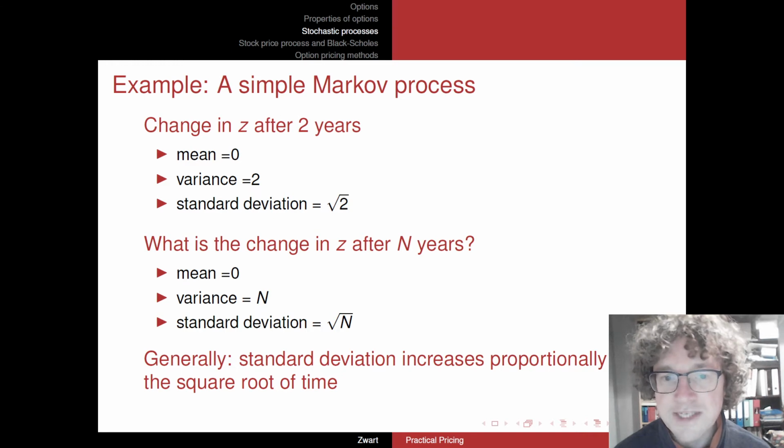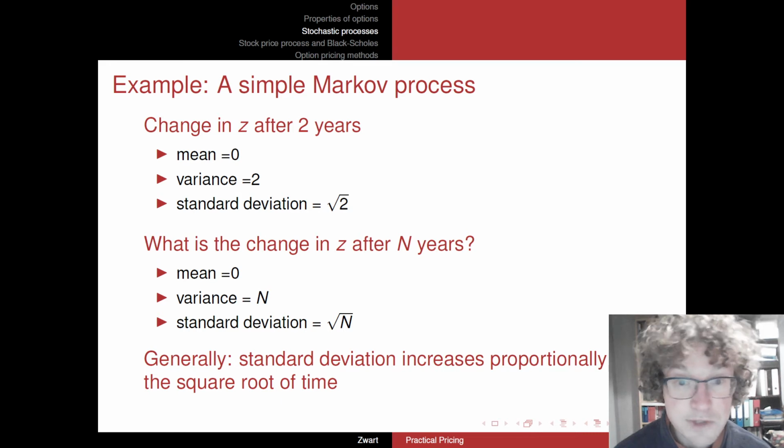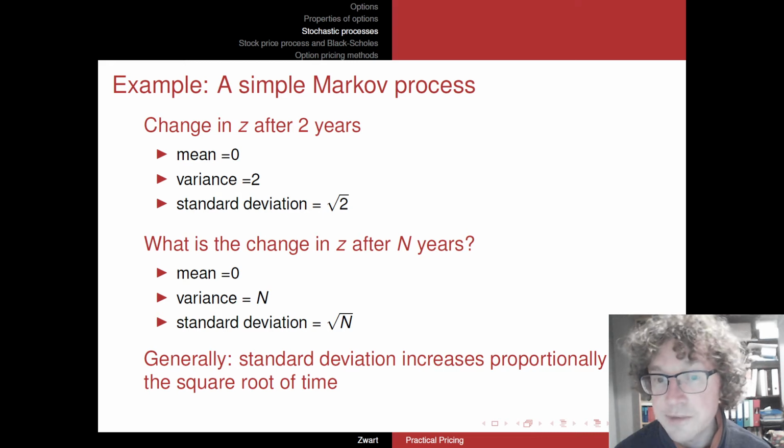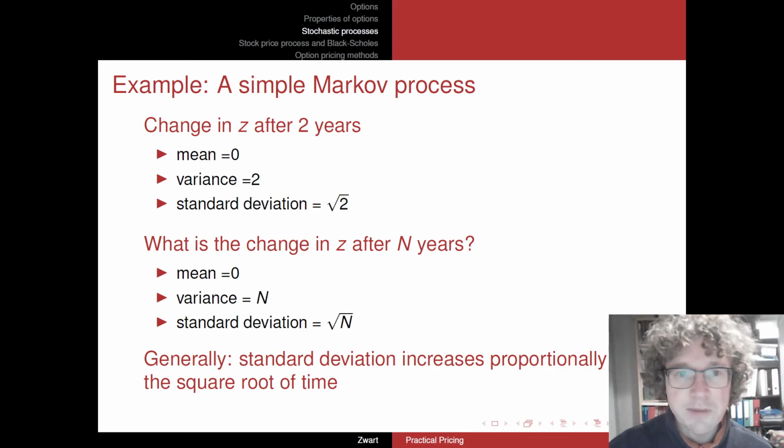In other words, the standard deviation of the distribution that z follows after n years is going to increase not proportionally to the time, but only to the square root of time. That happens if you add up different normally distributed variables.